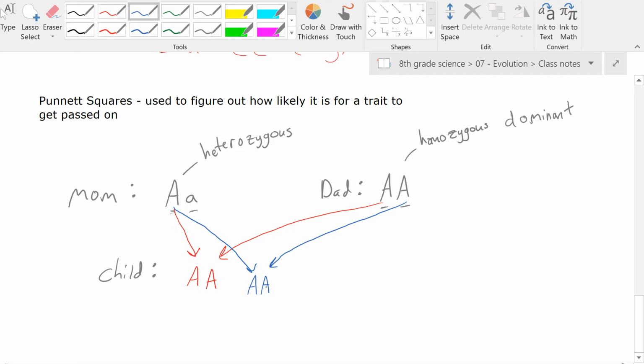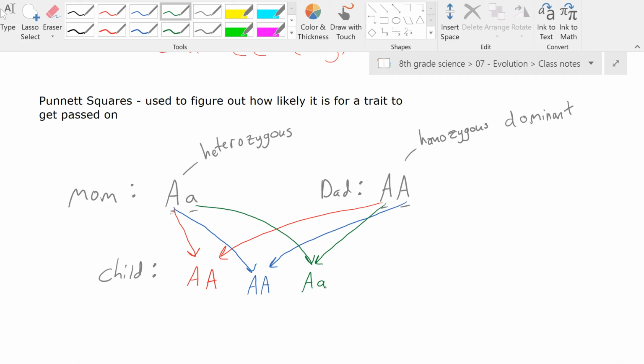Big A, big A. Okay, third way this could work out, mom gives her little a, and dad gives this first big A. And so then we're going to have a little a and a big A. And the pattern that we use on this, we always just write the big A's first. The capital letters always come first. So it'll be big, little. That one is heterozygous, just like mom.